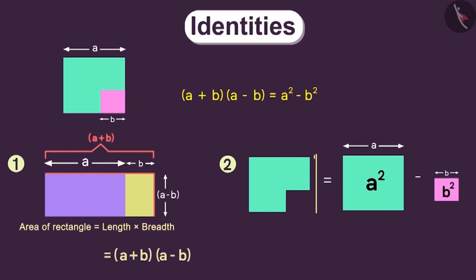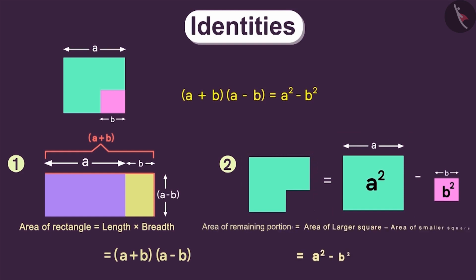Therefore, the area of this remaining portion will be equal to a square minus b square. Since these two expressions are equal to the area of this remaining portion, these two expressions will be equal to each other. This way, we prove this identity.